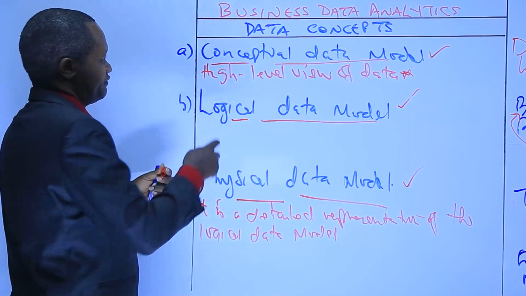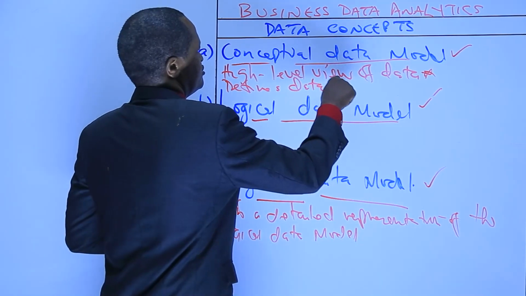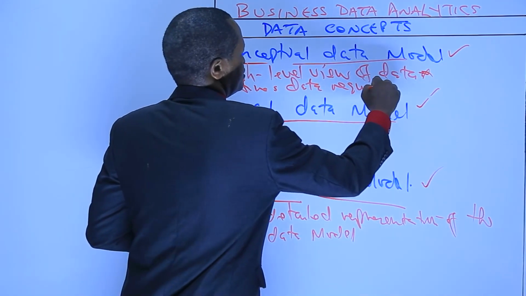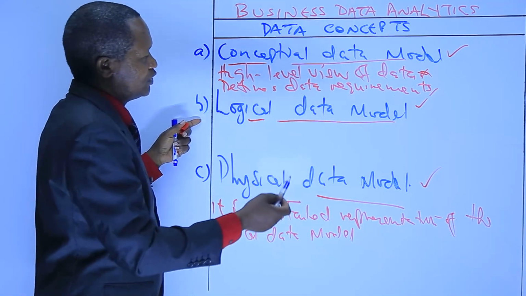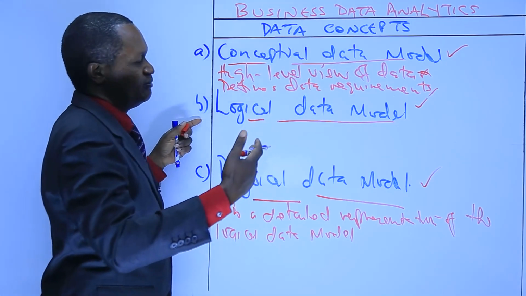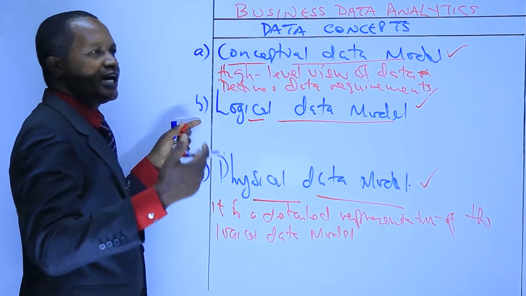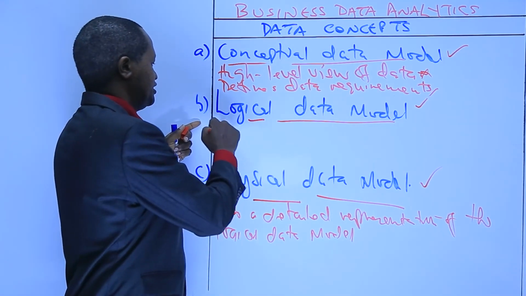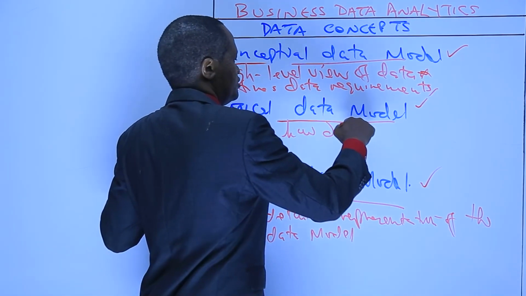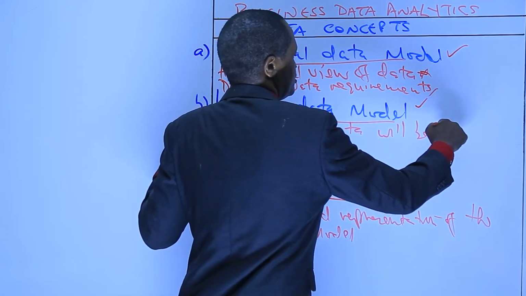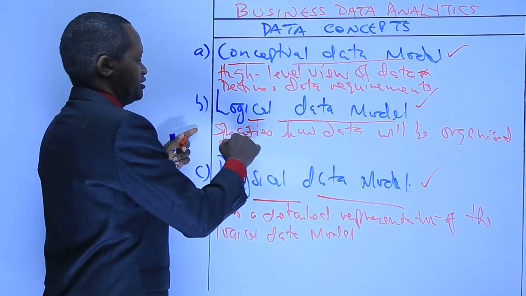Then we say that the logical data model lays out the technical details, specifies how data will be organized and structured.